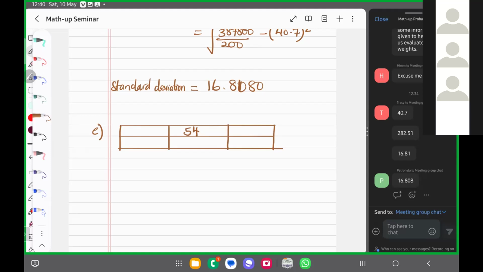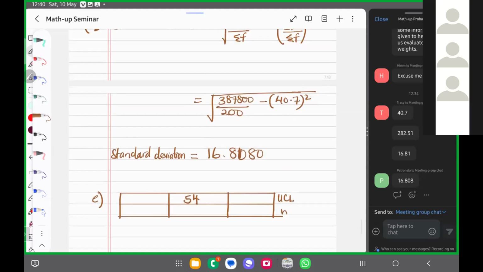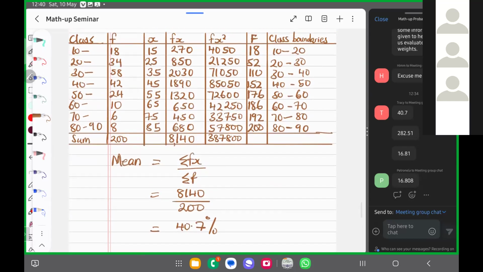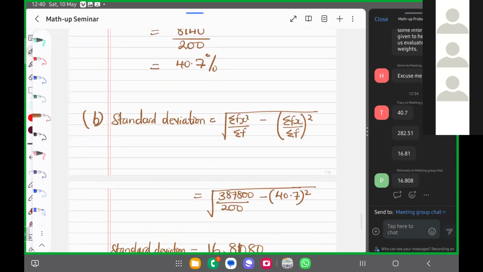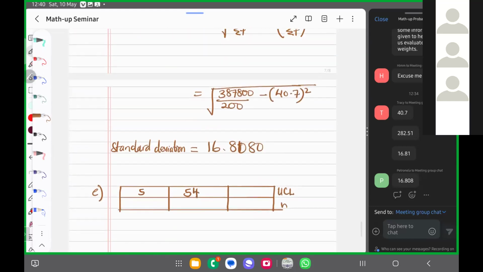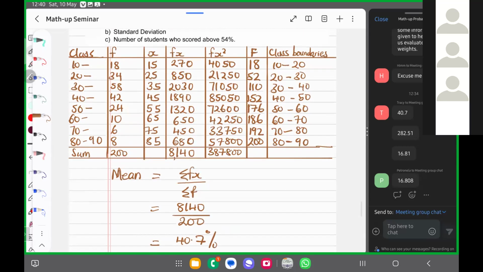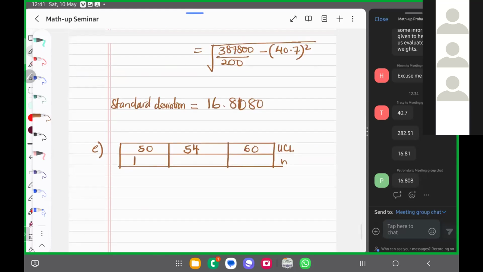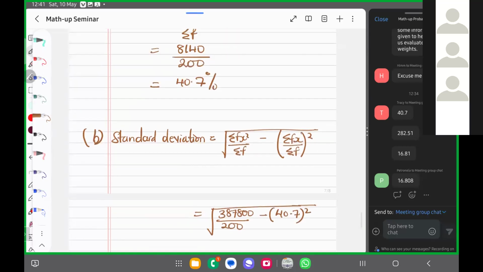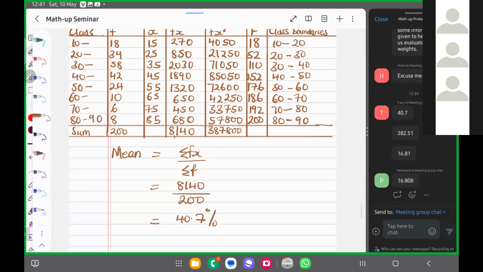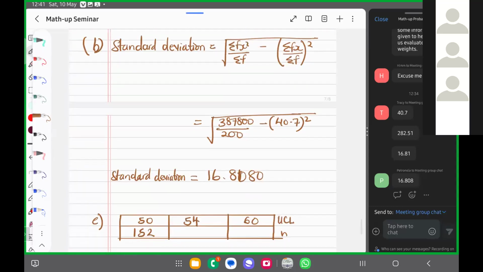These are upper class boundaries, and these are numbers of students. 54 lies between 50 and 60. So we have 50 here and 60 here. The cumulative frequency corresponding to 50 is 152, then the cumulative frequency corresponding to 60 is 176.